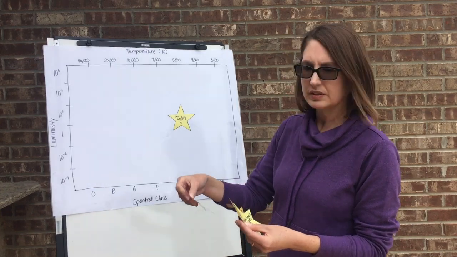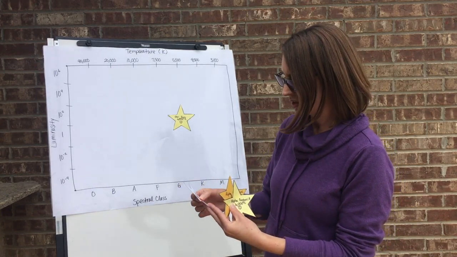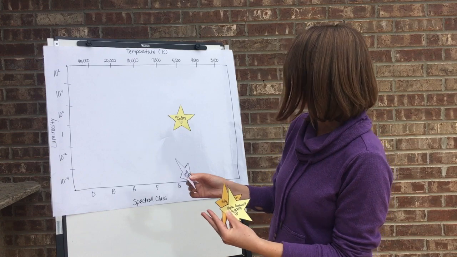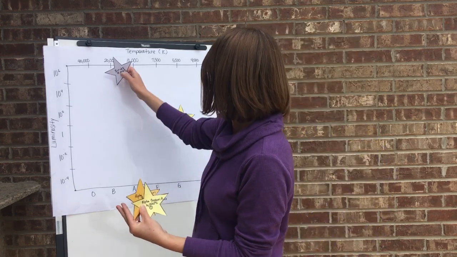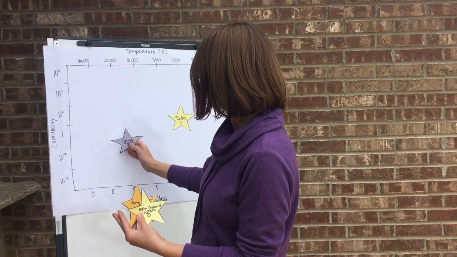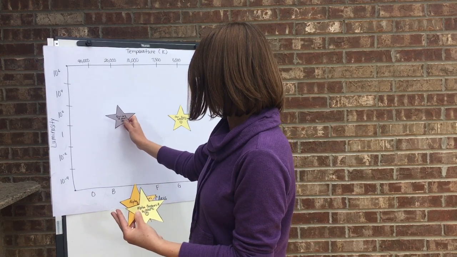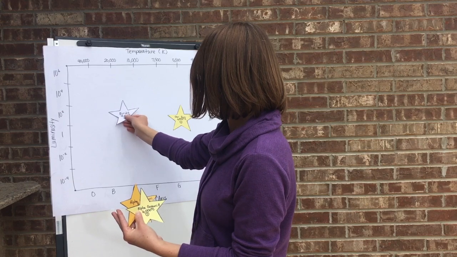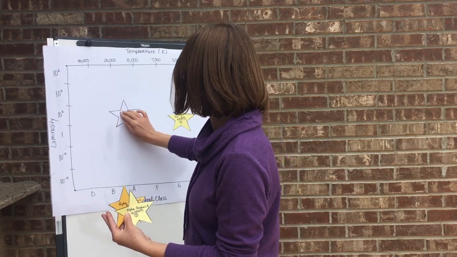Then we have Sirius. Sirius's temperature is 15,000, so that puts it in this line, and its luminosity is 10. So it should go about right there.